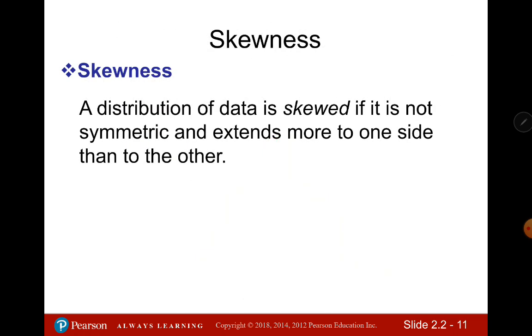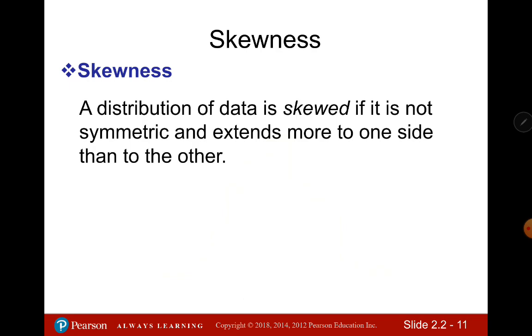And this is just a definition of skewness. It's not symmetric. It extends more to one side. If it has a long right tail, we call it skewed to the right, or positively skewed.